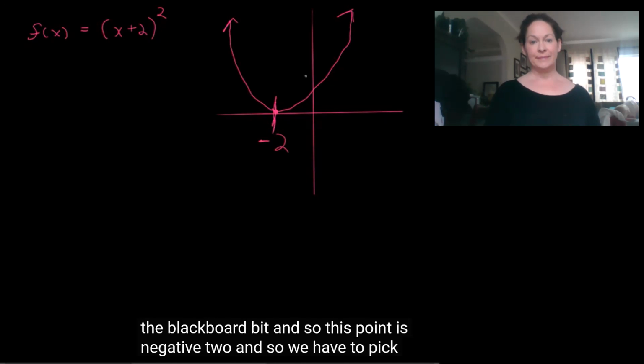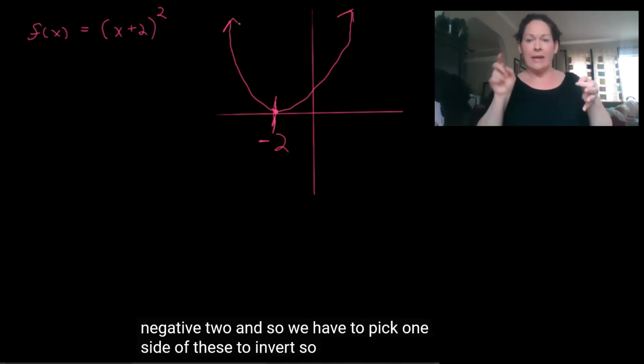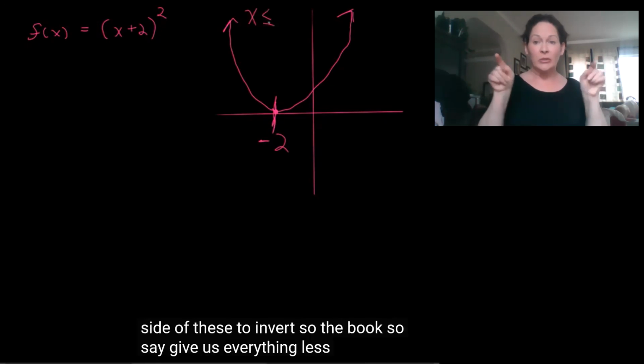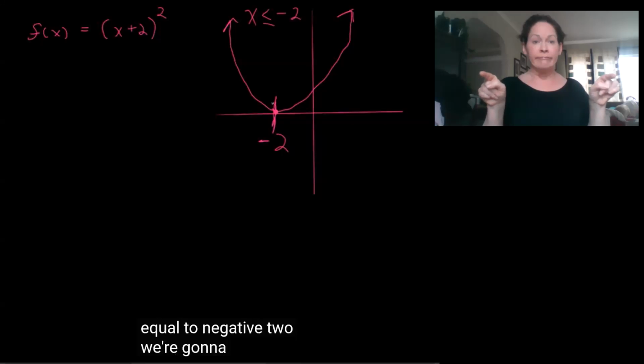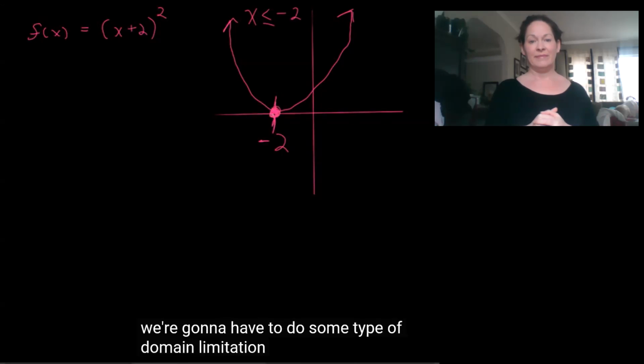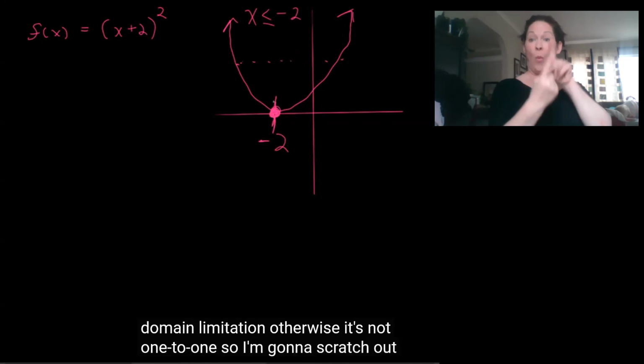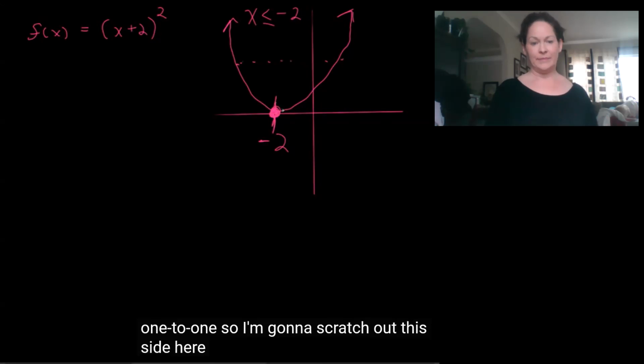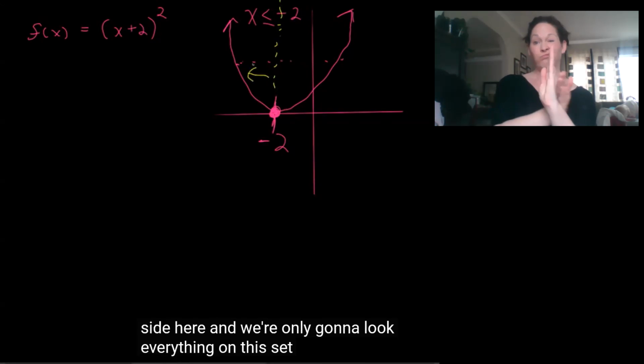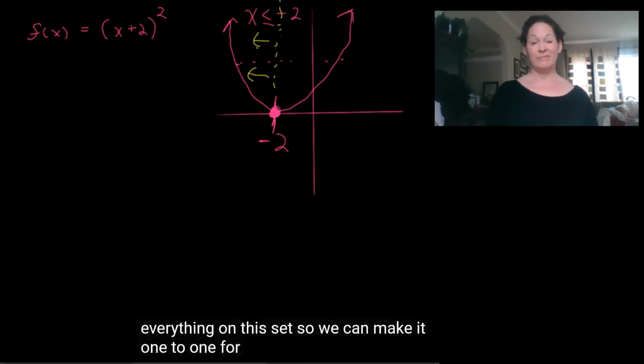And so we have to pick one side of these to invert. And so the book says, hey, give us everything less than or equal to -2. We're going to have to do some type of domain limitation. Otherwise, it's not 1-to-1. So I'm going to scratch out this side here. Okay. And we're only going to look at everything on this end. So we can make it 1-to-1 for us.